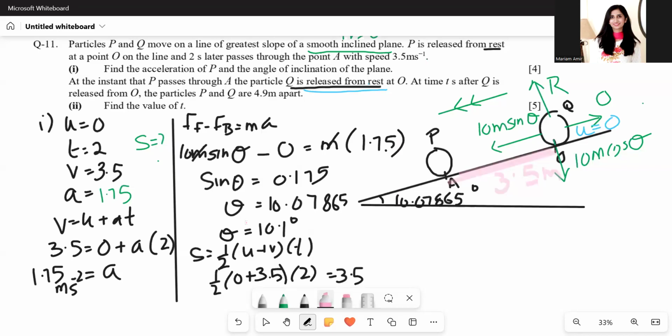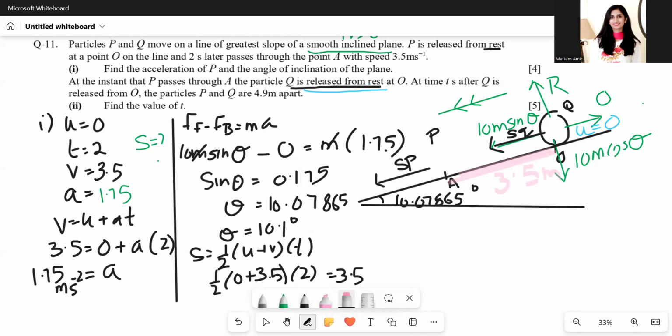Now, after t seconds, let's say the first particle would have traveled this much distance, let's call it SP. And the other particle would have traveled this much distance. Let's call it SQ. And at this instant t, the two particles are 4.9 meters apart.